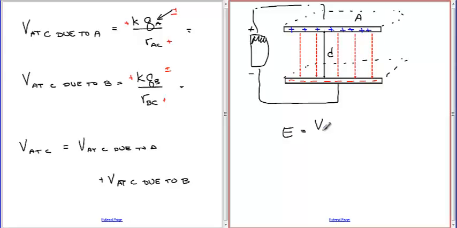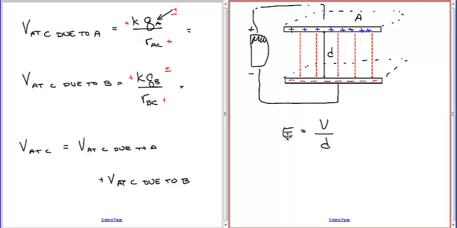Make sure I get the units right here. Actually, the electric field, is it divided by the distance or is it multiplied by the distance? So you have to think about this.